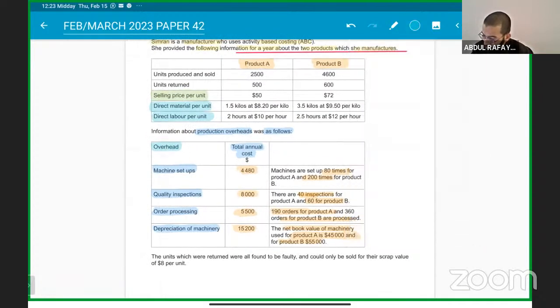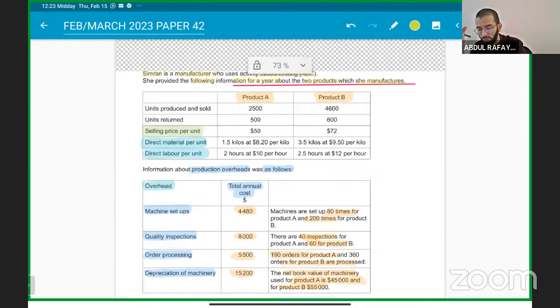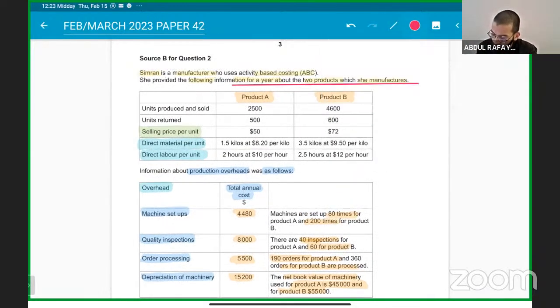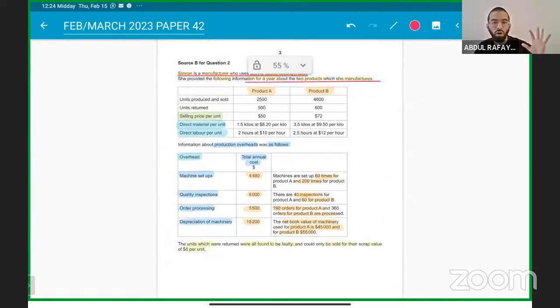Then we have the units. The units which were returned were all found to be faulty and could only be sold for the scrap value of $8 per unit. So the units that the customers are returning to Simran, because Simran is the manufacturer, are all faulty and can only be sold for $8 per unit.